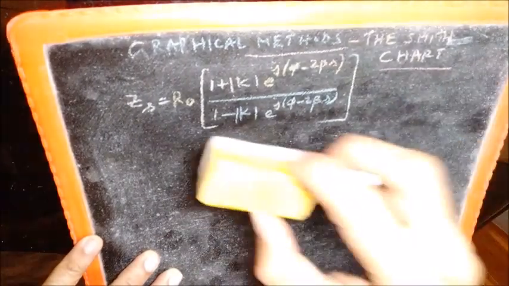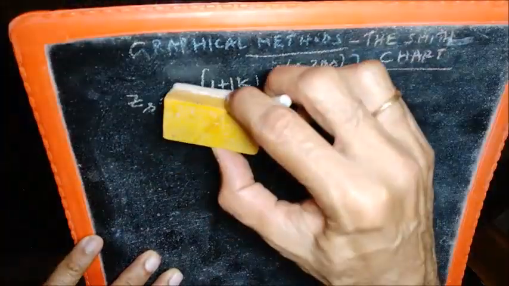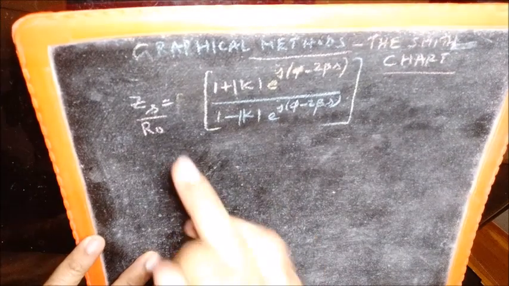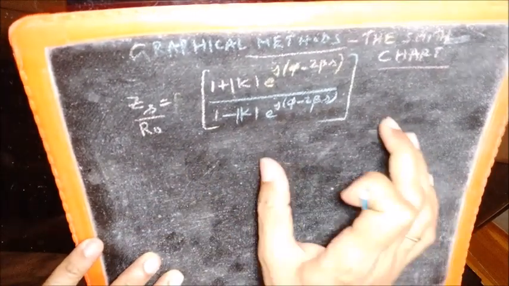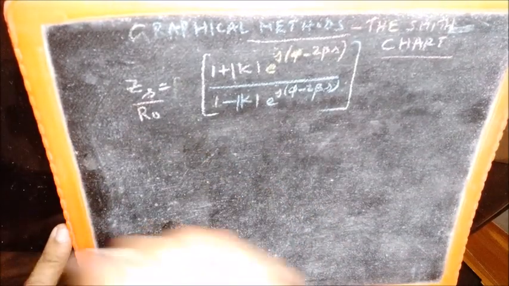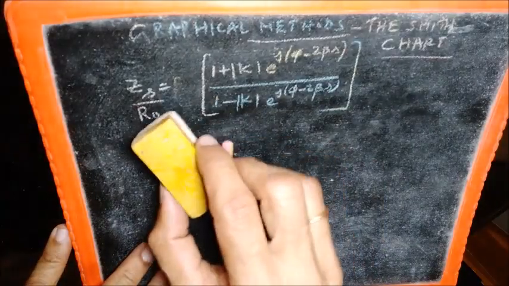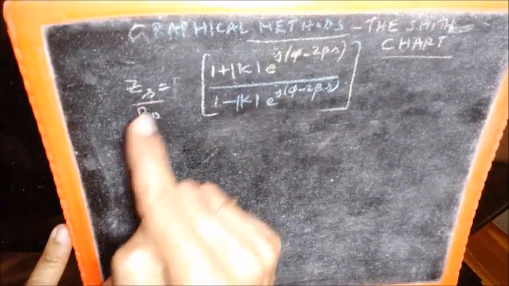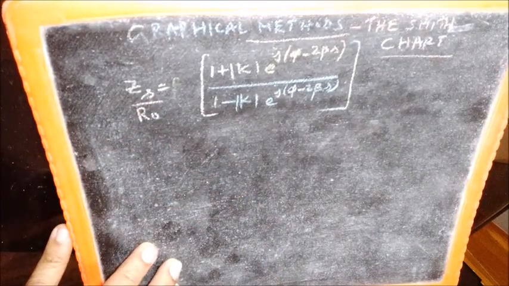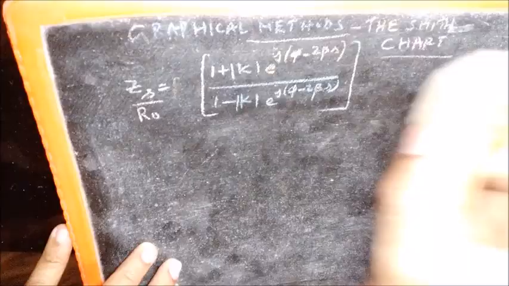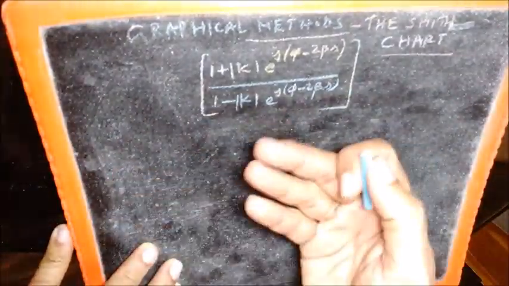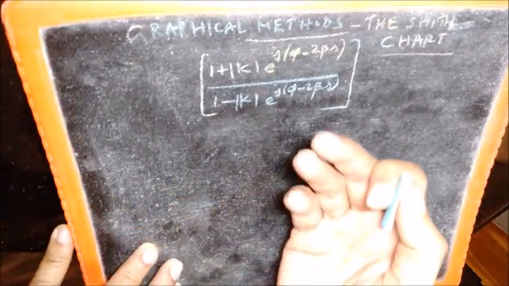Now what we do is we normalize this. So we arrive at a normalized impedance, and normalization is with respect to R0. And remember that I have R0 here, so I am still in the high frequency approximation. So I can normalize the impedance like this, and please keep track of how I have normalized it. I have divided the impedance by the characteristic impedance so that I get a normalized impedance, and this normalized impedance will in general have a resistive part and a reactive part, because ZS can have a resistive and reactive part.